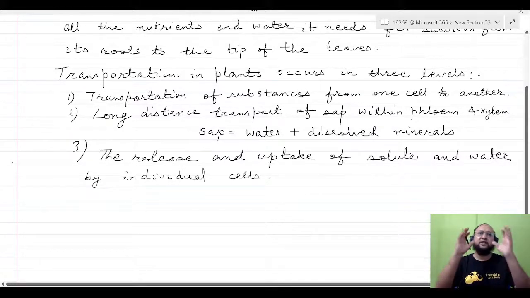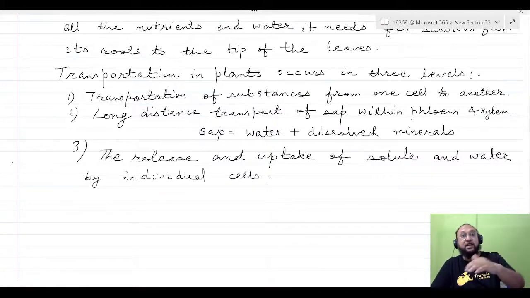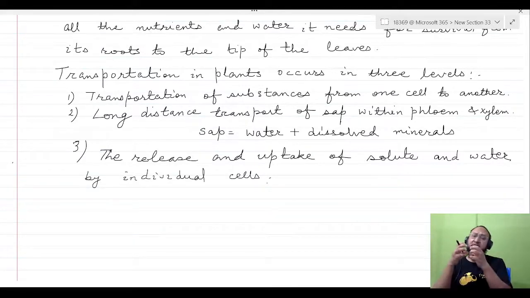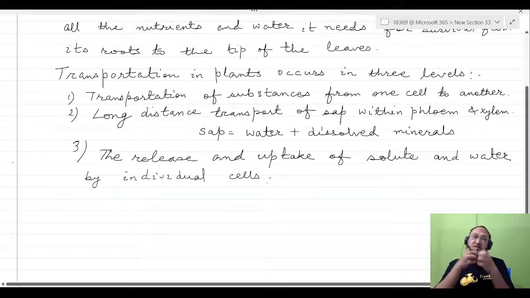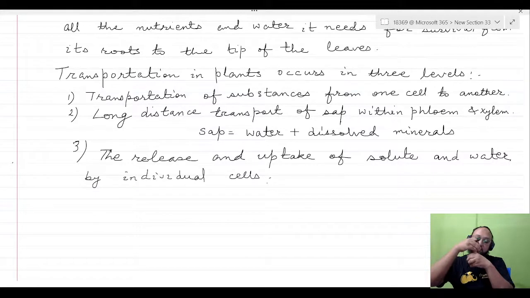So these are the three stages, or levels, in which transportation takes place in plants. One is the adjacent cell, from one cell to another cell. From one cell to another, the water then moves to the third, from the third to the fourth, to the fifth.